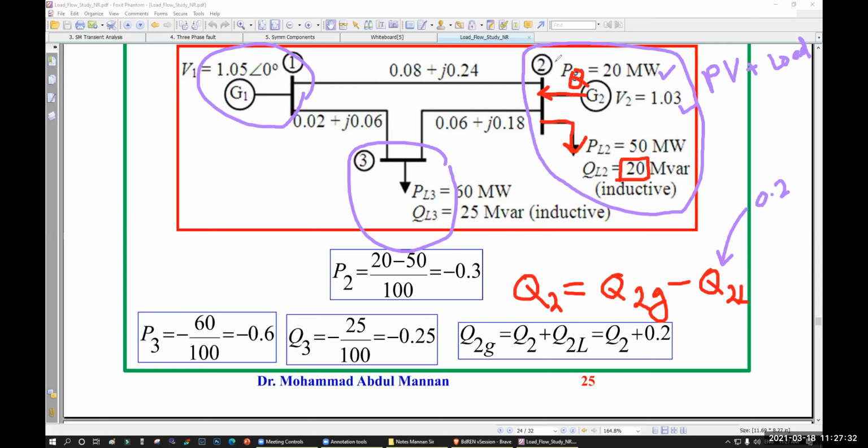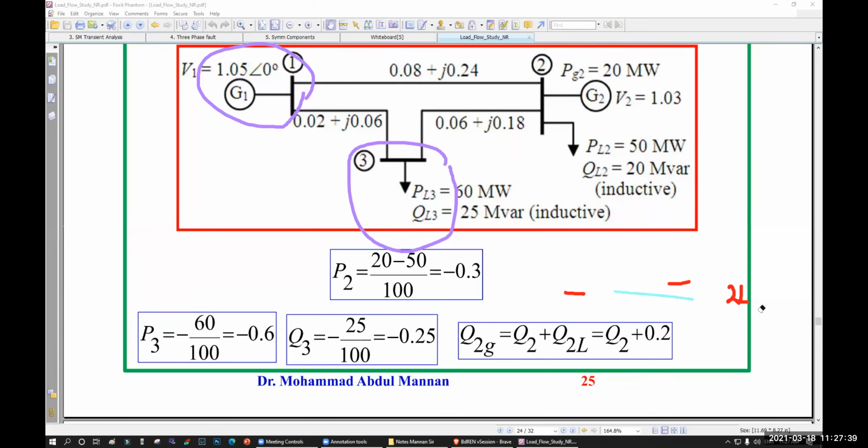So we will be doing our Newton-Raphson load flow analysis here. How can you apply it? We already know V1, we know delta, we know V2, we know P2. We do not know Q2 yet, not completely.